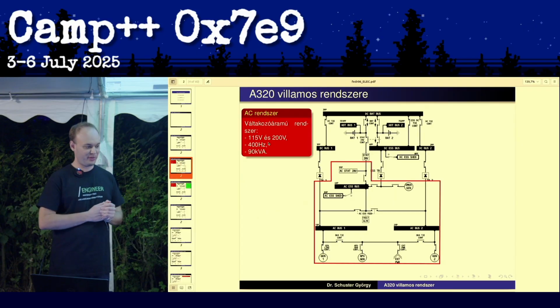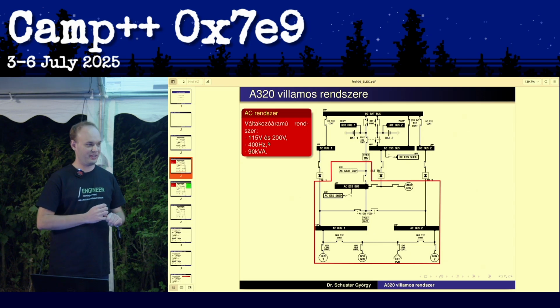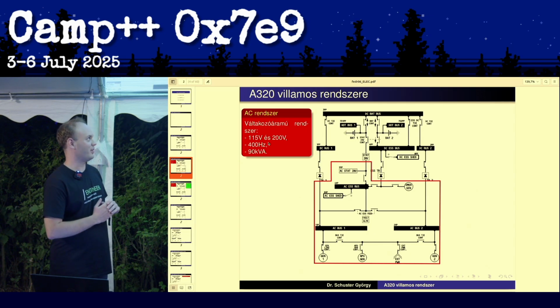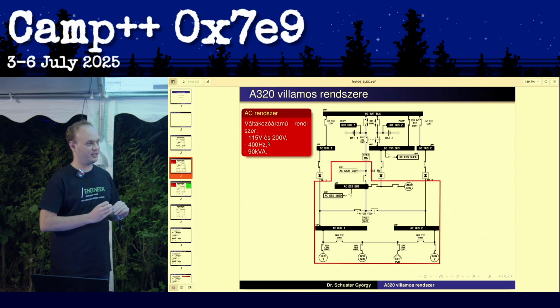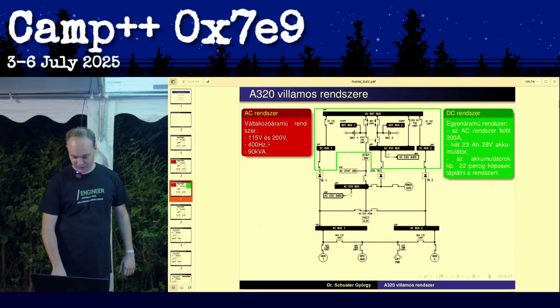It simply comes from the fact that you have really fast spinning generators, and it's a lot easier to produce a high frequency. Also, with 400 hertz you can use much smaller AC transformers as well.